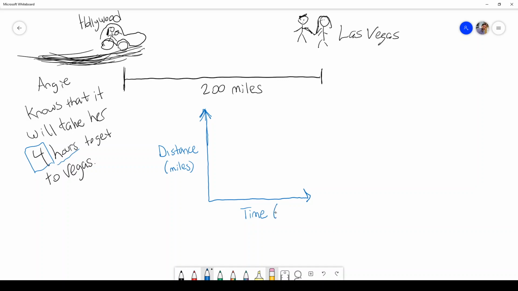So we'll say hours. And of course, you might say, well, why put time on the bottom? Well, you're going to see when you do math, it just kind of makes sense. Think about over time. Someone grows up, they get a little bit bigger, then a little bit bigger, and then they get to adult size, right?